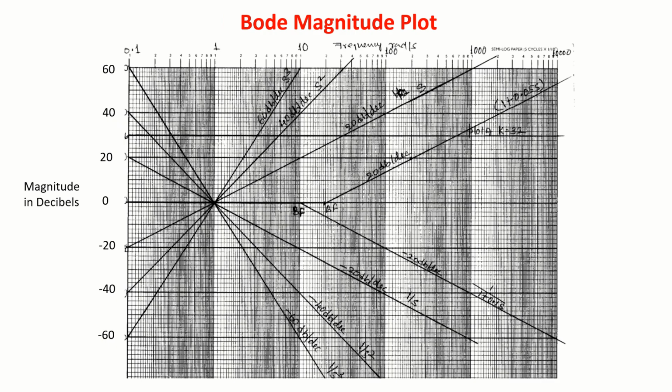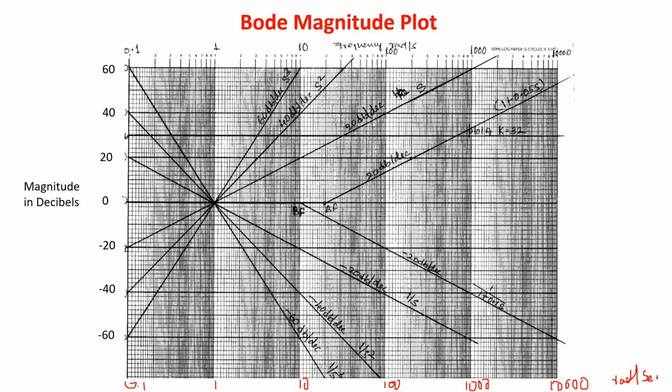Let us go to this log sheet. This is say 0.1, 1, 10, 100, 1000, 10,000. This is frequency in radians per second.